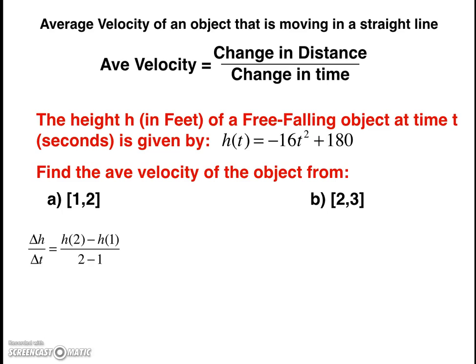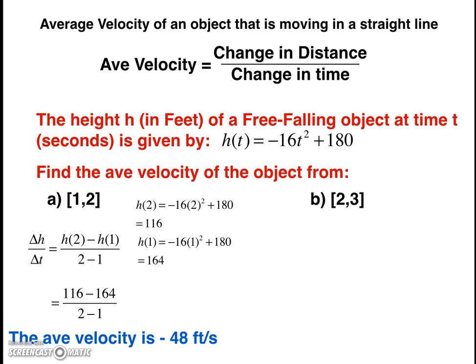To find delta h, we need to find h of 2 and subtract h of 1. So we plug 2 and 1 into our original height function. Plug that back into our fraction, and we get the average velocity is negative 48 feet per second.